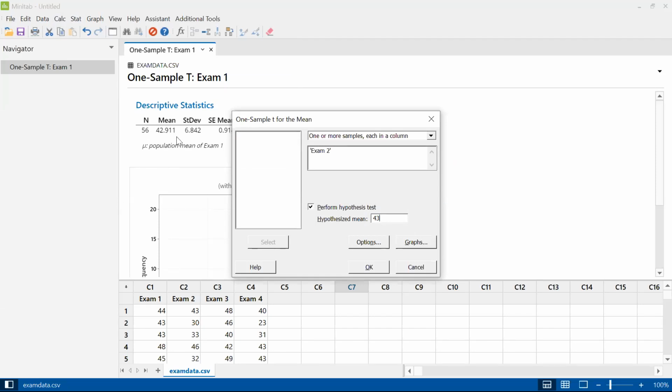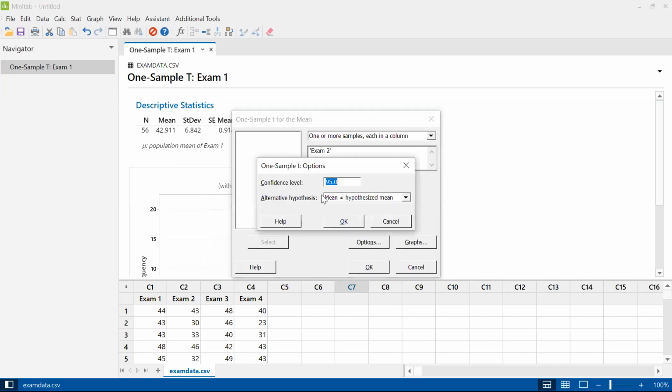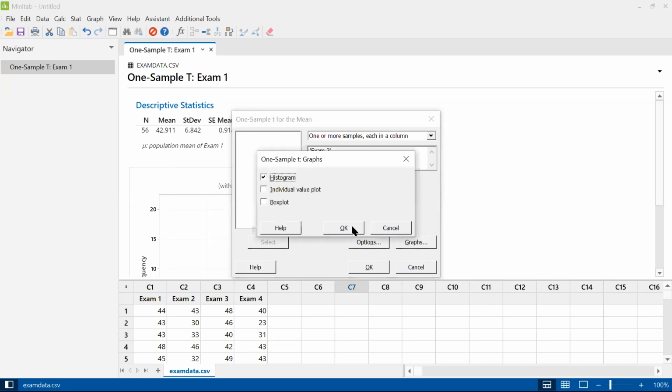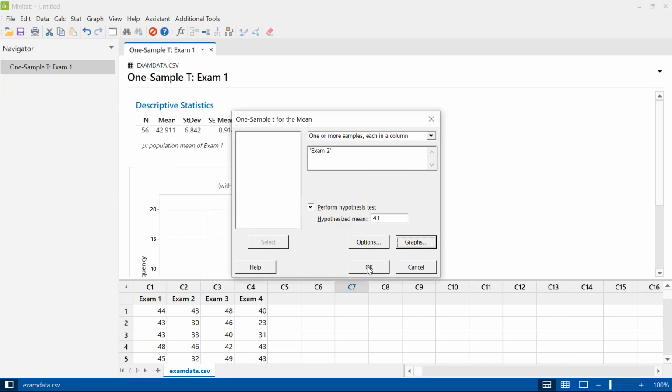This is our number from exam 1, 42.911, but we're going to compare to 43 just to practice running a hypothesis test. In Options, my alternative hypothesis has a not equals like it should, and we may as well still make a histogram. We can see the histogram for exam 2. Okay, so let's see what we get then.